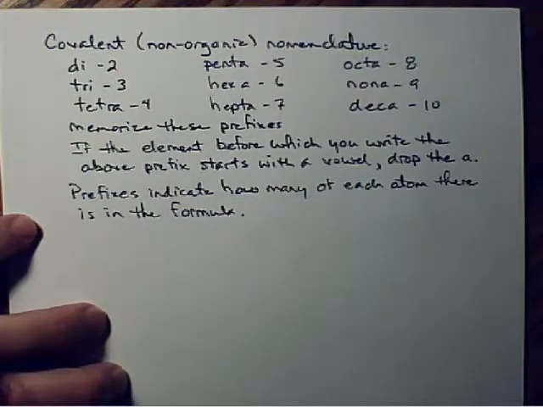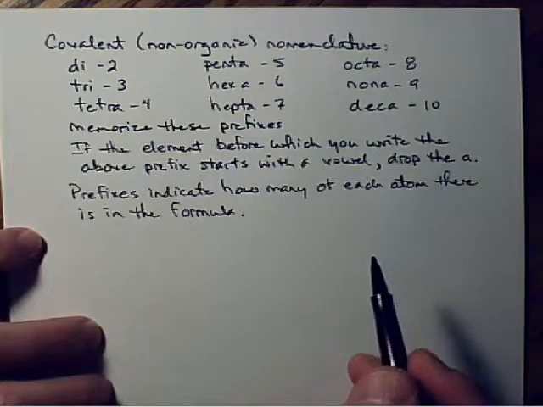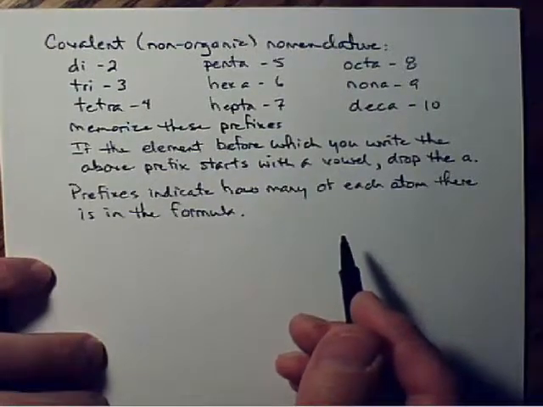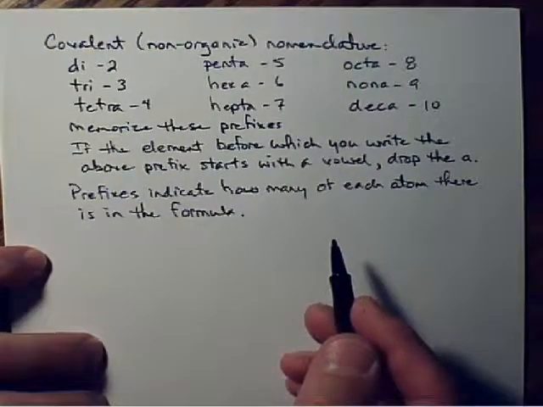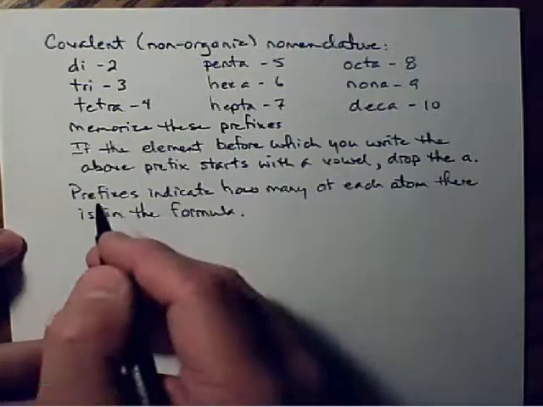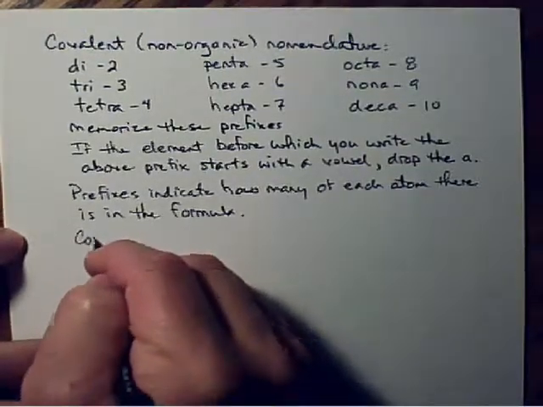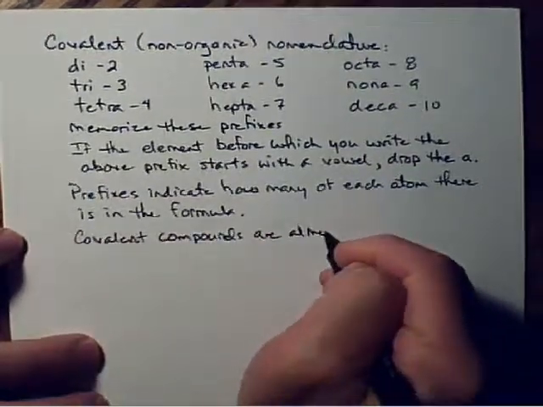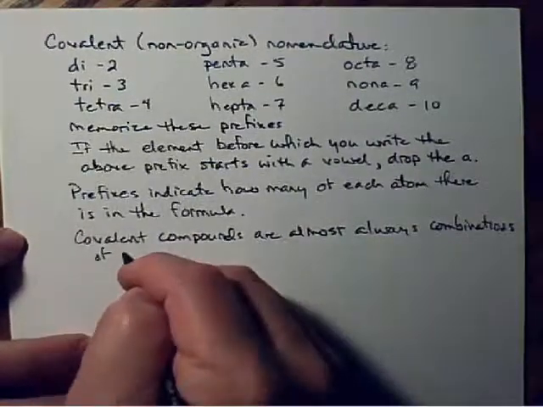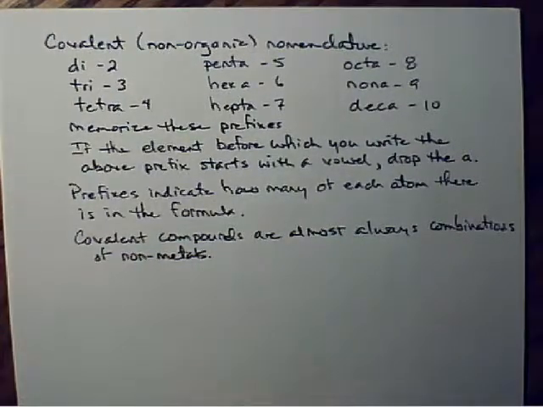Now, in previous classes, you learned a simple rule for identifying covalent compounds. The simple rule is, and there are always exceptions, covalent compounds will be combinations of nonmetals. So this identifying metals and nonmetals is a review from our Unit 2.